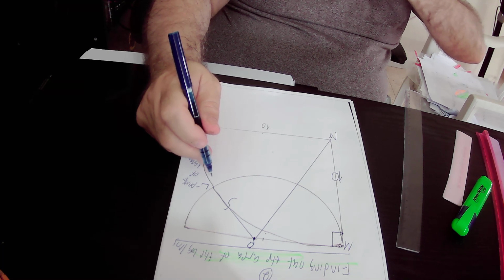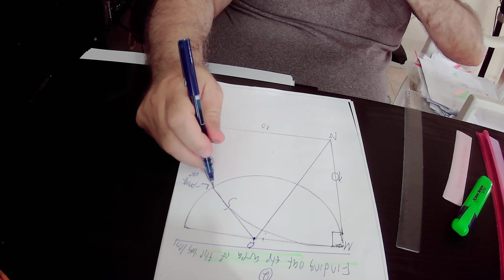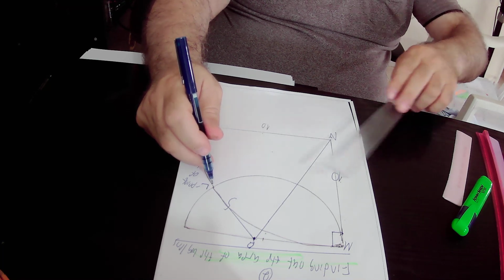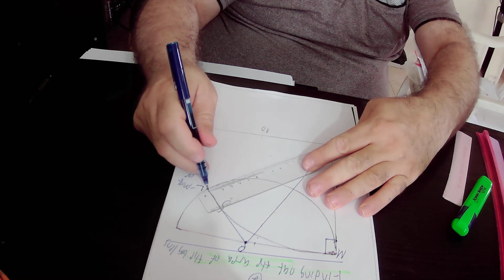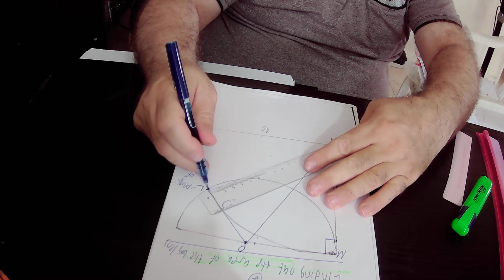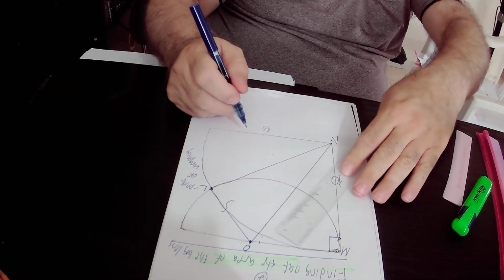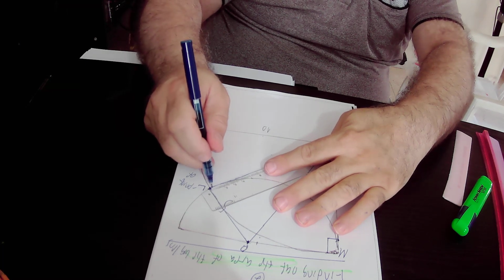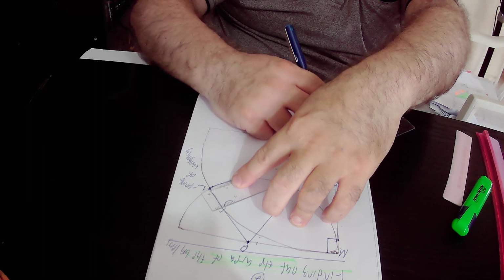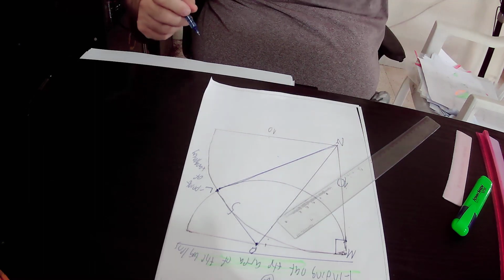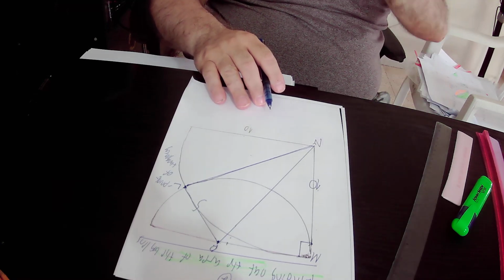So we'll actually draw it to this point, point L. Point N is the center of the quarter circle.